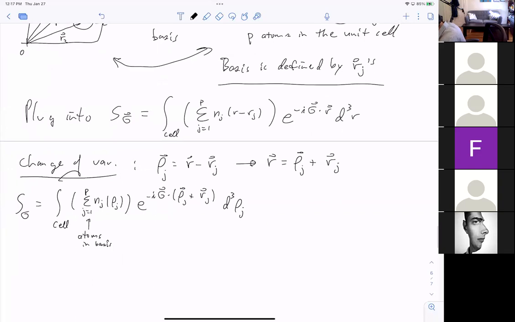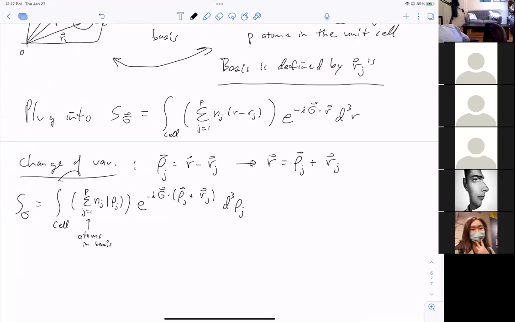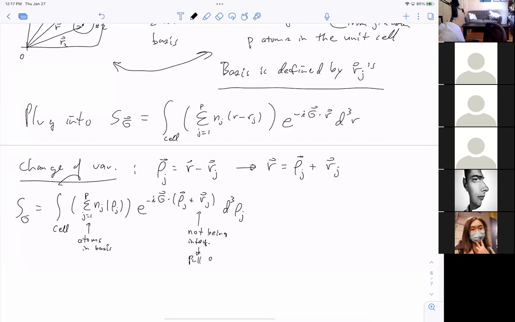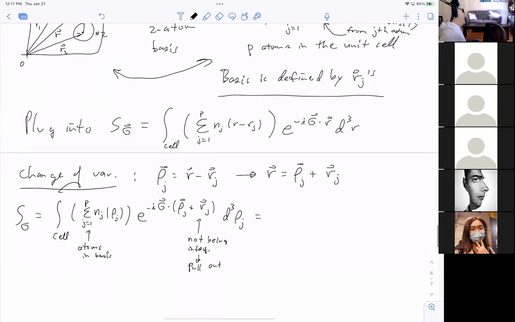And in my integral change of variables, the r is replaced by rho j. And the reason why I do this is because now rho j is not being integrated, and so I can pull it out. And so I can rewrite this as this: I have this sum over j equals 1 to p of e to the minus i g dot rj.